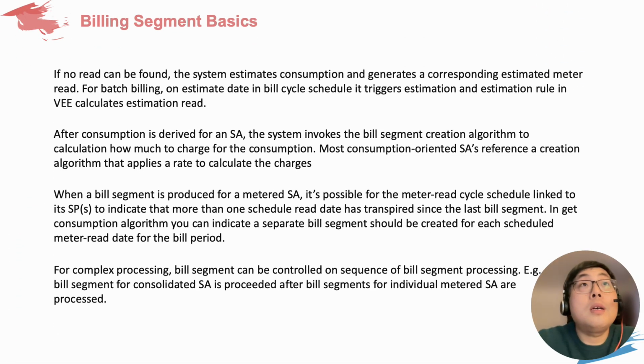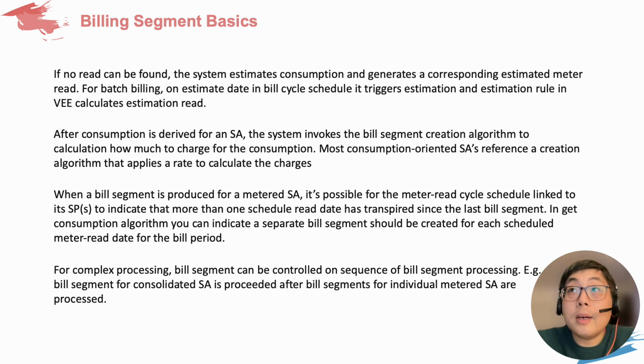Okay, next, if no read can be found, the system estimates consumption and generates a corresponding estimated meter read. For batch billing, remember last time we talked about the bill cycle schedule. On the bill cycle schedule, if it reaches the estimation date for the schedule, it will start to trigger estimation in MDM.